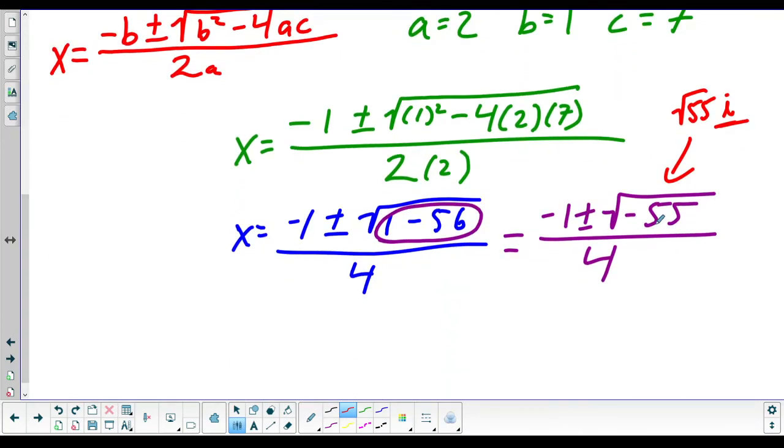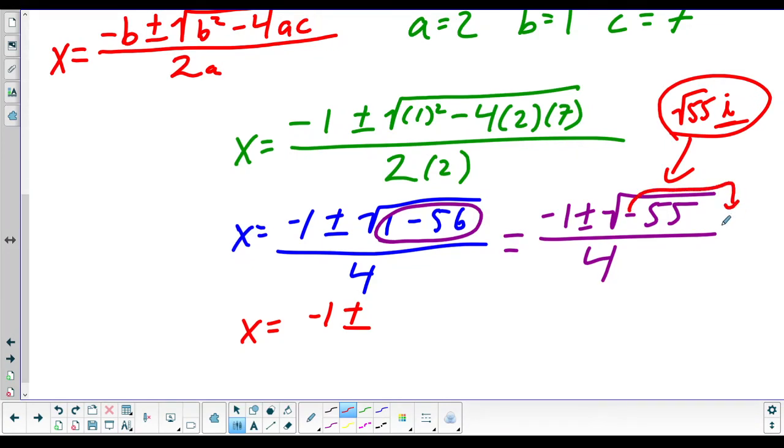Okay. On your homework, though, I'm not 100% sure if it'll just say no real solution or if they expect you to give them the imaginary one, but we can. So this is going to be x equals negative 1 plus or minus. Turn this into the imaginary thing. The negative just comes outside and turns into an i. So this is the square root of 55i over 4.